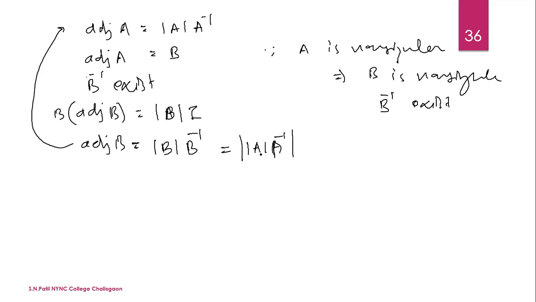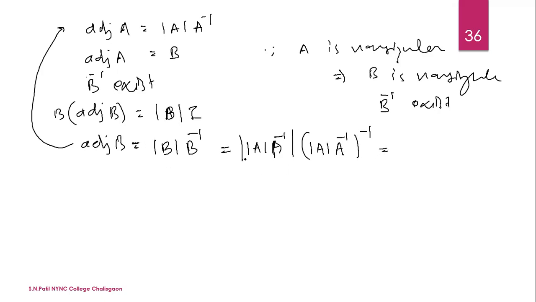This is the B. Then B inverse is determinant A into A inverse, bracket raised to minus 1. So this is the B inverse.